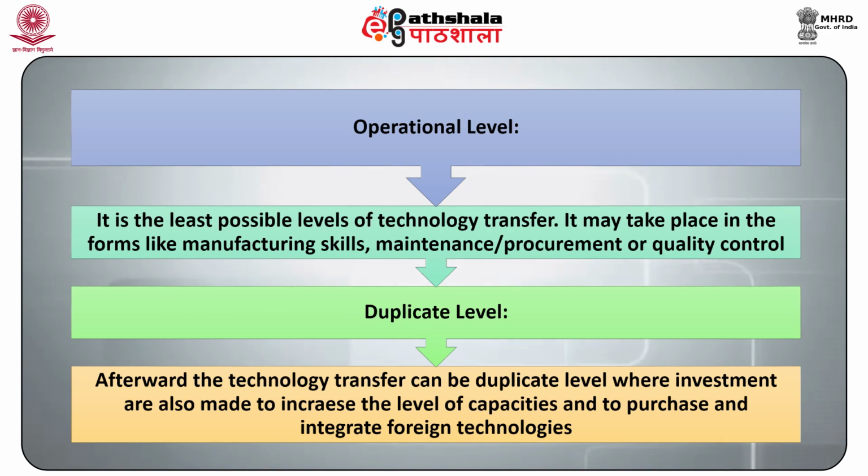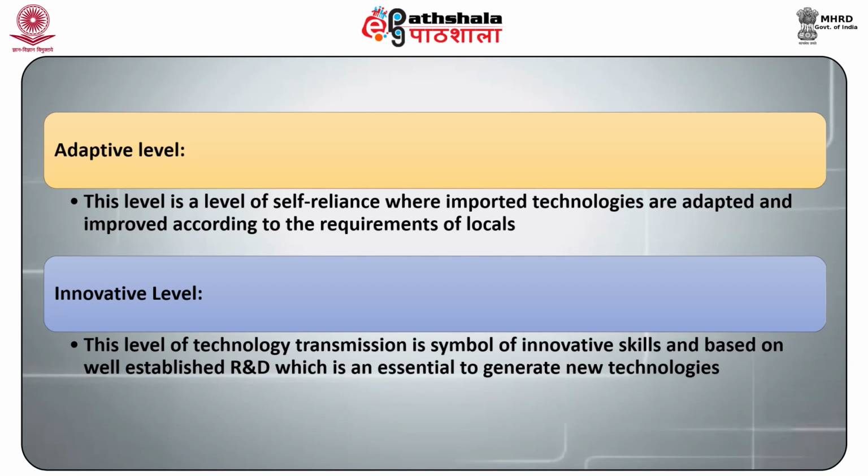Duplicate level. Afterward, the technology transfer can be duplicated where investments are also made to increase the level of capacities and to purchase and integrate foreign technologies. The adaptive level.